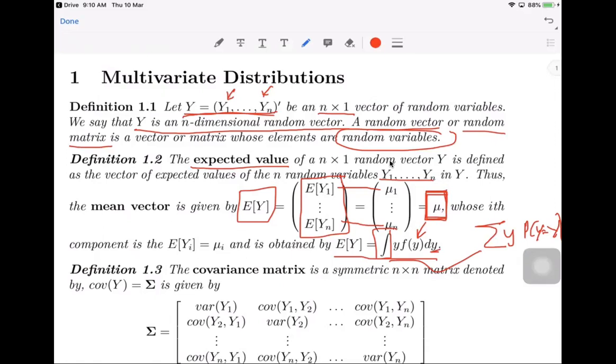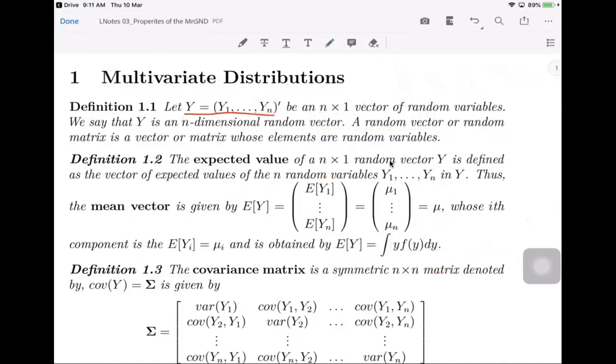For a continuous random variable, f of y is usually called the probability density function. For discrete, it is called the probability mass function.